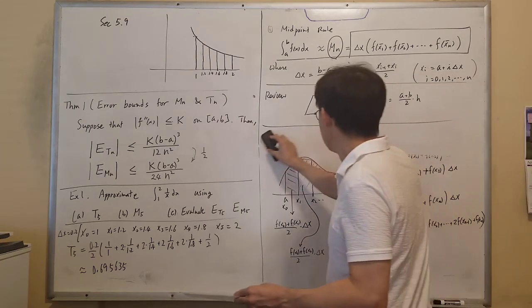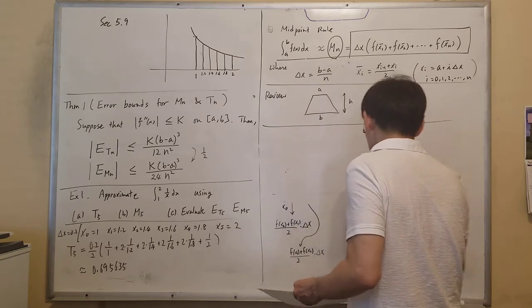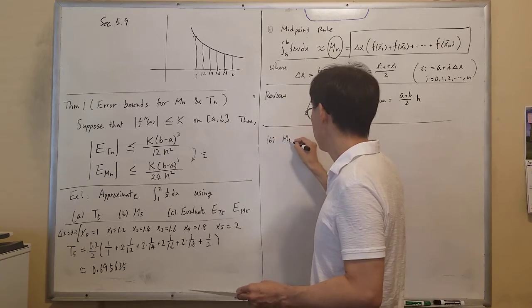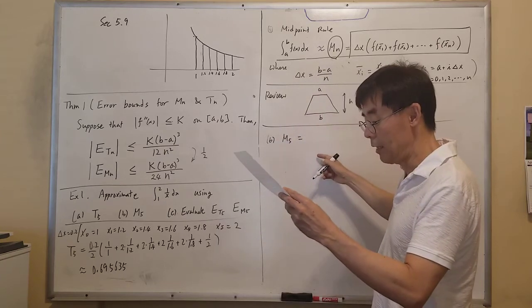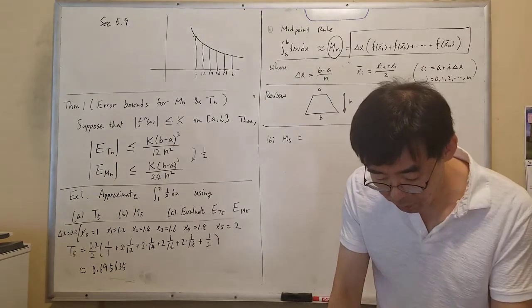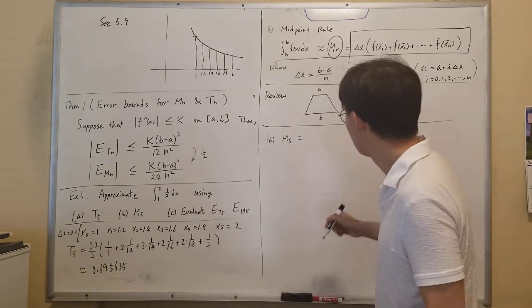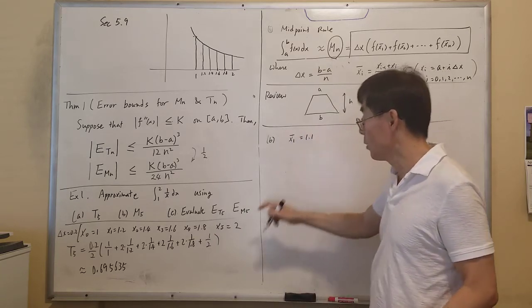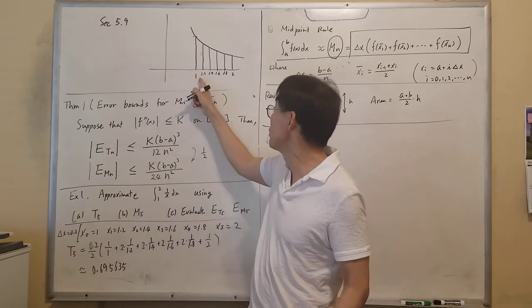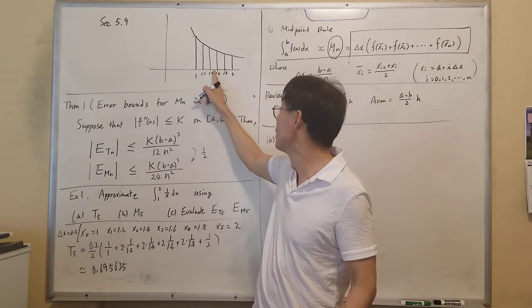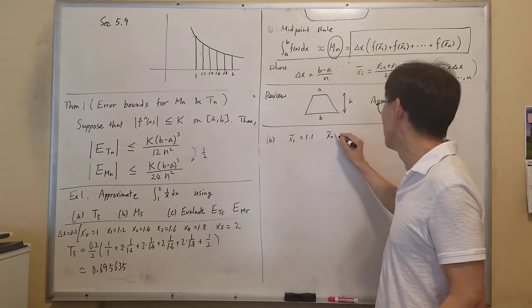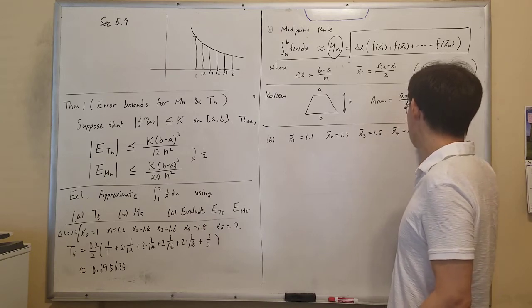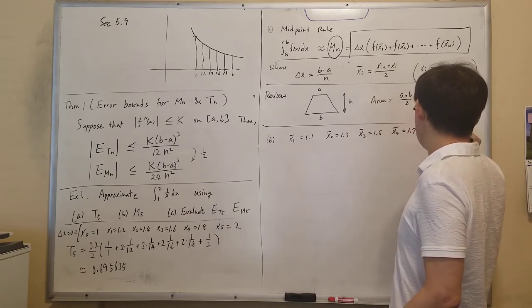What about M5? The M5 uses delta x, which is 0.2. In that case, we need the midpoints, right? Midpoint between this one and this, 1.1. So x1 bar is 1.1, x2 bar 1.3, x3 bar 1.5, x4 bar 1.7, x5 bar 1.9.